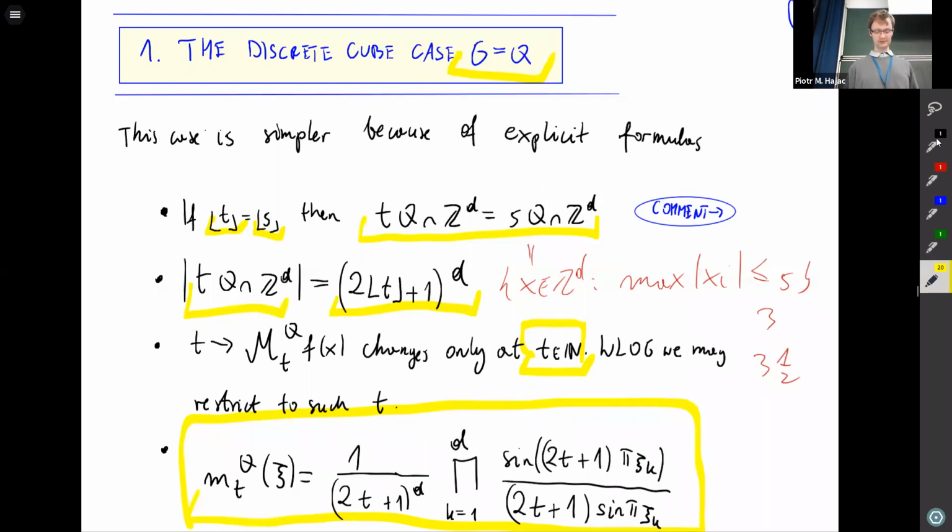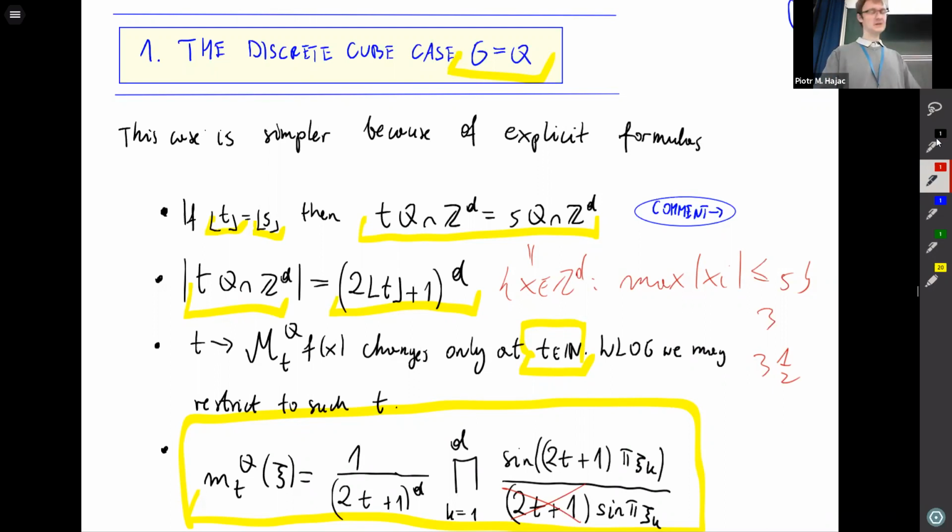Then, I see I have written it wrongly. Sorry. So the formula is that you have 1 over (2t+1) to the d, and then this quantity. From this formula, one can see that this is, for example, bounded by 1, which was also obvious from other formulas, but it is useful also for other purposes, as I will try to show you in a moment.